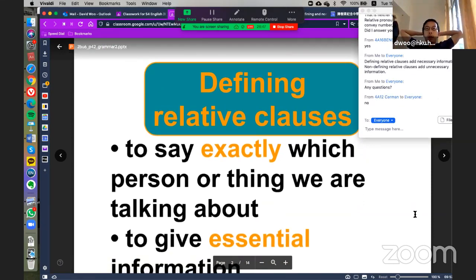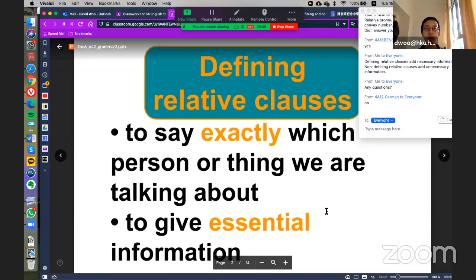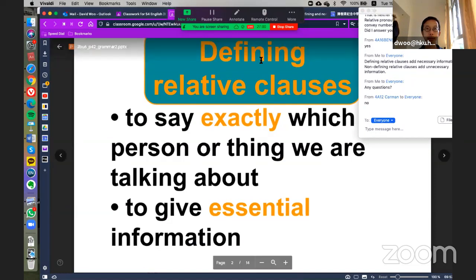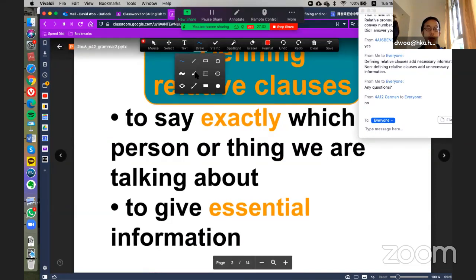Okay, thanks, Carmen. Now we're going to defining relative clauses. Defining relative clauses provide necessary information. What's necessary? Another word for necessary is essential. You may want to repeat after me. Essential. And what's essential? To say exactly which person or thing we are talking about.